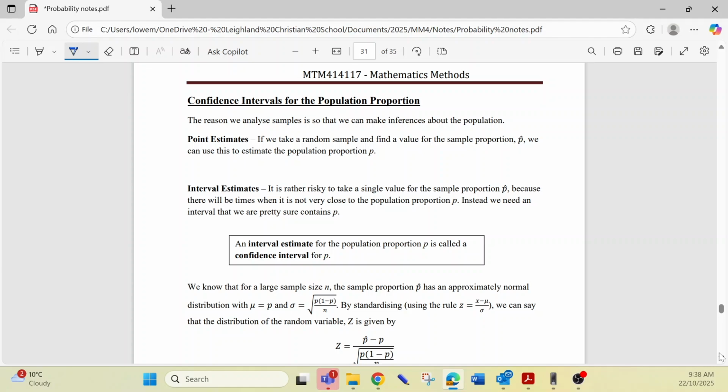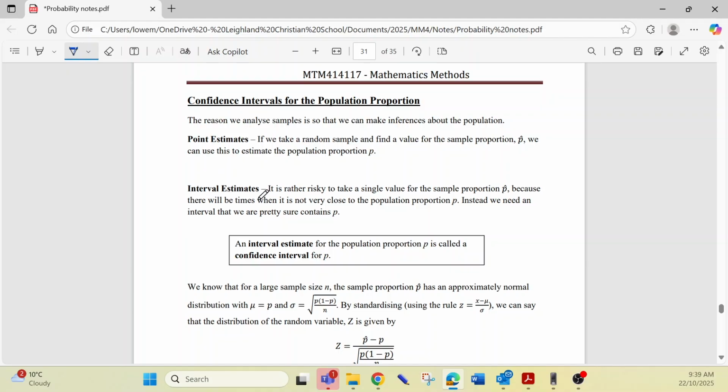All right, now just going to look at confidence intervals. The reason we analyse samples is to make inferences about the population. So a point estimate is where we just take a random sample and find a value for the sample proportion. And we can use that to estimate the population proportion P. But that's just a point estimate, and you would never be very confident that that's actually what the population proportion is.